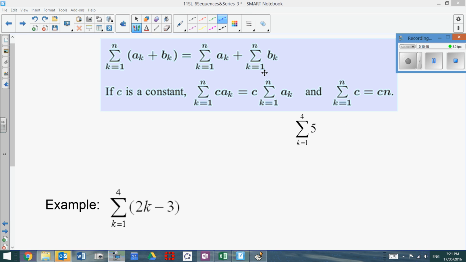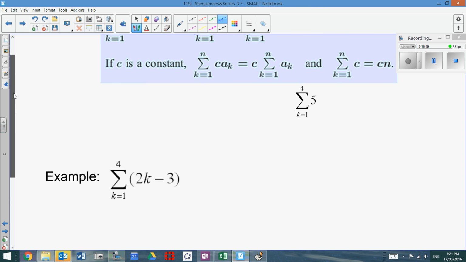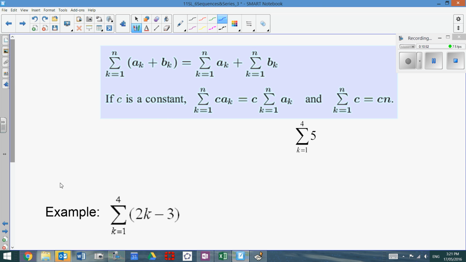So last but not least, we're going to leave you guys with an example to try on your own. But notice that if you do have an expression that winds up being a lot to handle as it is, you can wind up separating terms. So you can wind up taking the summation of the first term plus the summation of the second. So that would be the same as if you kept them as one. You can also wind up factoring out a constant.